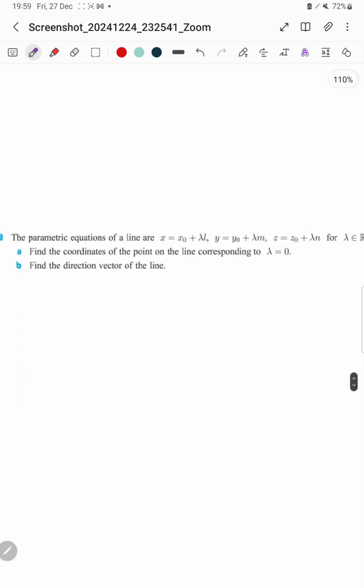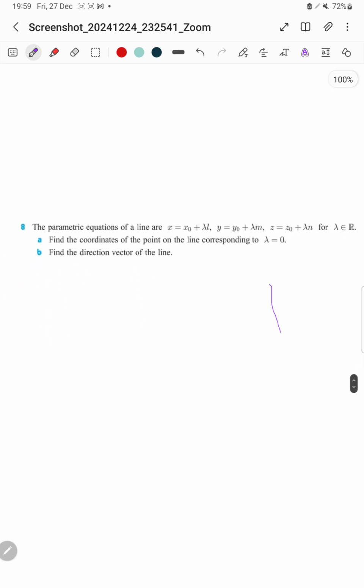The next question is: the parametric equations of the line are x equals x naught plus lambda L, y is equal to y naught plus lambda m, and z is equal to z naught plus lambda n. Find the coordinates of the point corresponding to lambda 0. That is pretty easy.